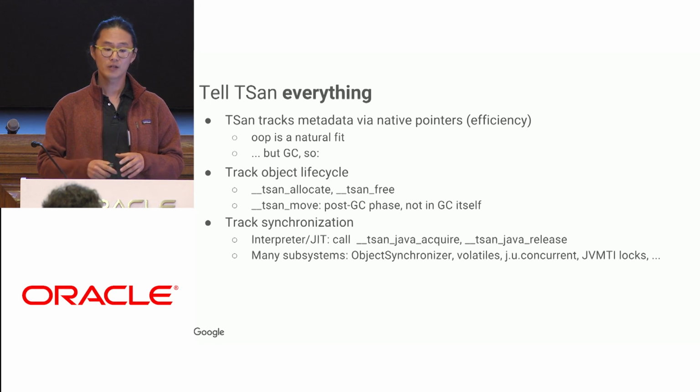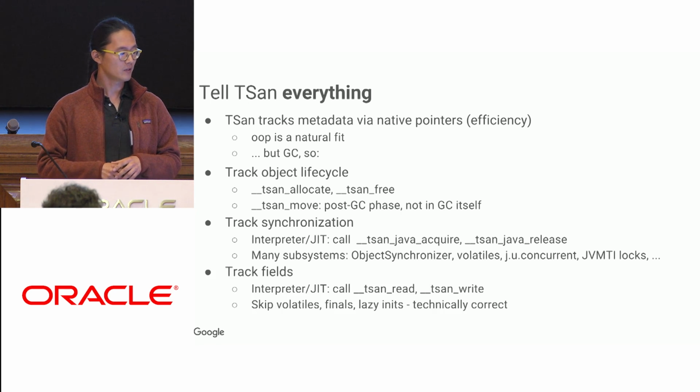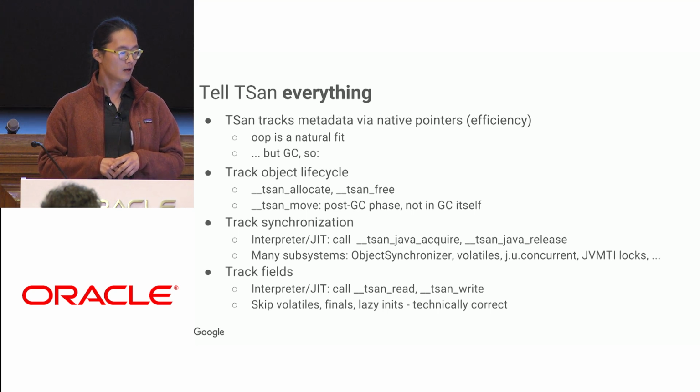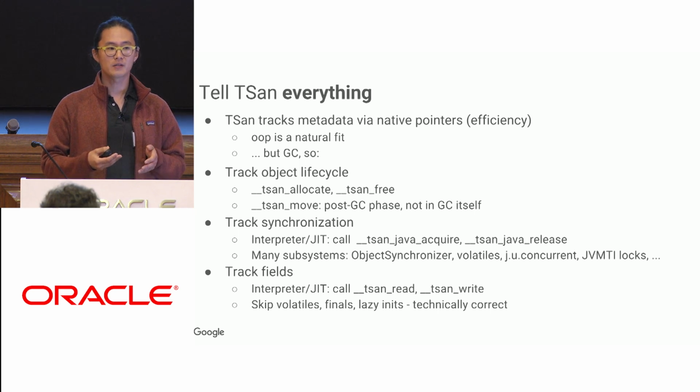Finally, the reason we're doing all this is because we want to track fields. TSAN read and TSAN write are approximately the right callbacks to use here. Most fields get instrumented, except we want to cut out instrumentation when we can. Volatiles, for example, have synchronization semantics, so they will never race in a technical sense.